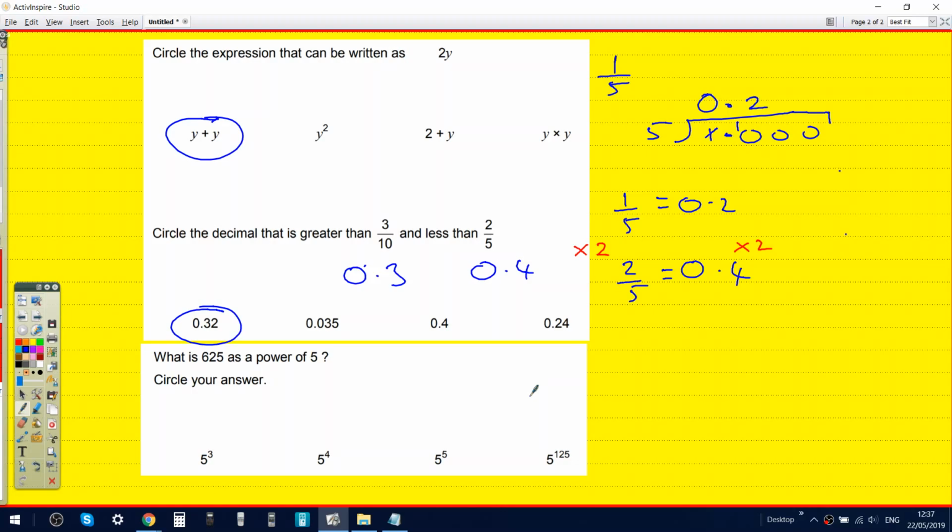What is 624? So 5 cubed is 125. Not that much.